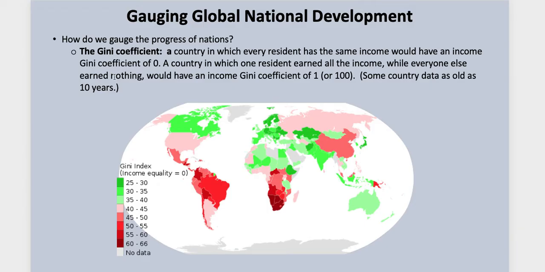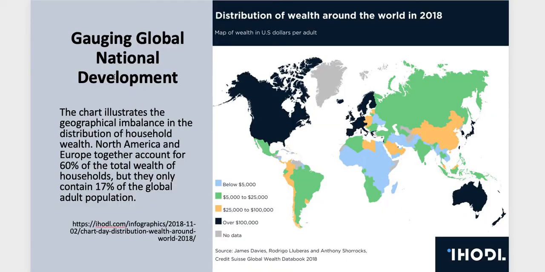Now, compare that again to the distribution of income. There are differences, and it would take some time to analyze what the meaning of that is. For instance, the Gini coefficient in Canada is relatively low, and really in the United States and in parts of Europe, and yet when you look at the map of wealth, that's where all the wealth is.